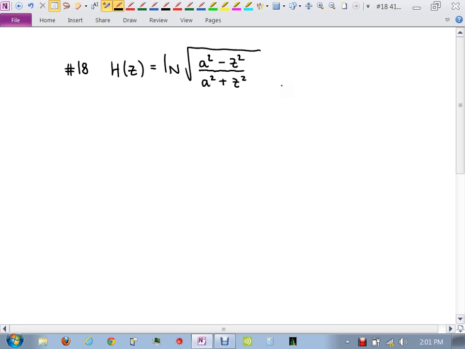Okay, what would be the next thing? Square root and then quotient rule, right? So I could do it that way. However, would you agree that this is the same thing? I'm going to save myself a lot of work here.